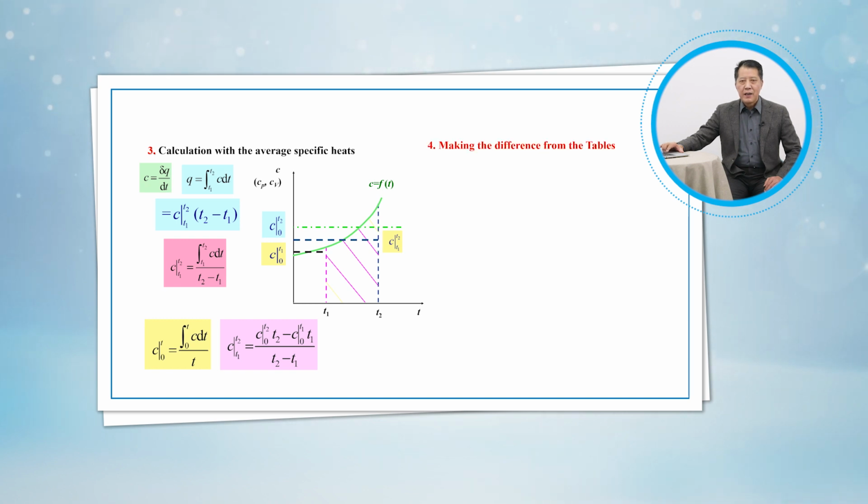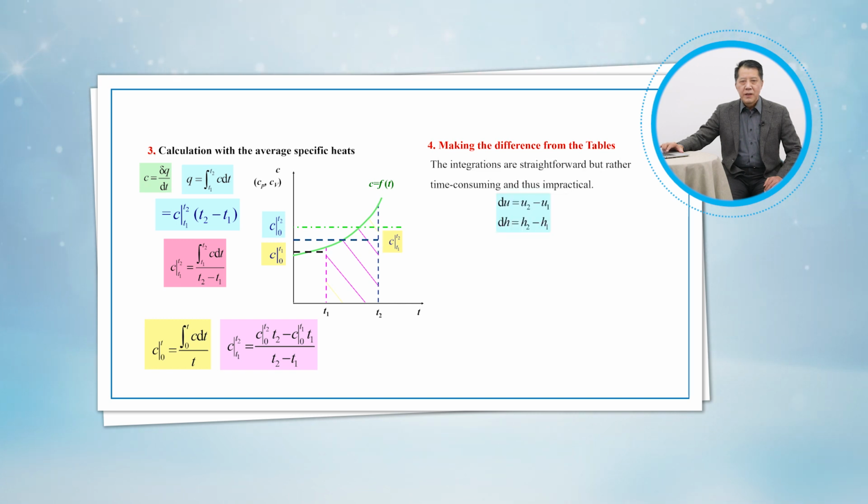The last way for the determination of du and dh is based on tables. The integrations are straightforward, but rather time-consuming and thus impractical. To avoid these nebulous calculations, U and H data for a number of gases have been tabulated over small temperature intervals.